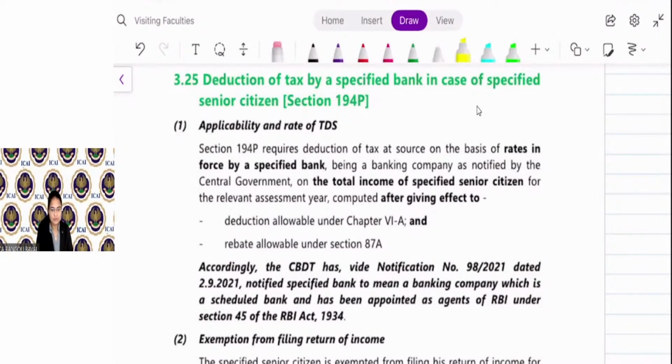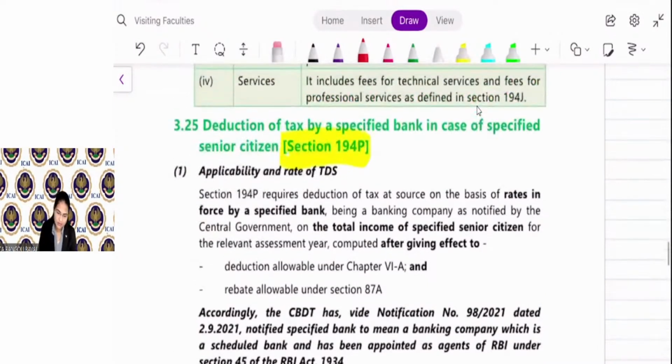So, deduction of tax by specified bank in case of specified senior citizen. It is the new section 194P. See here, the section itself says that the payer is a specified bank and the payee is a specified senior citizen.